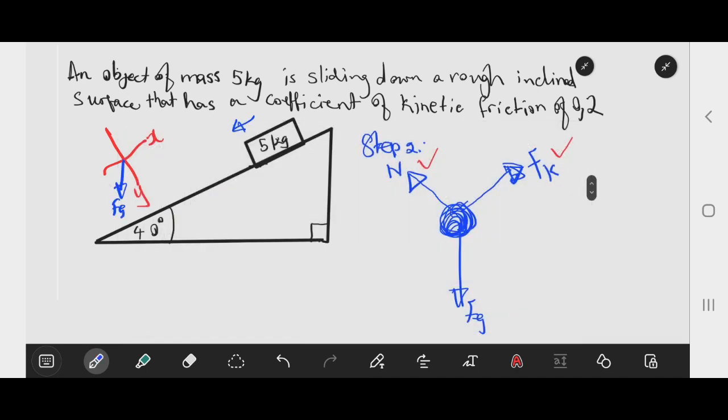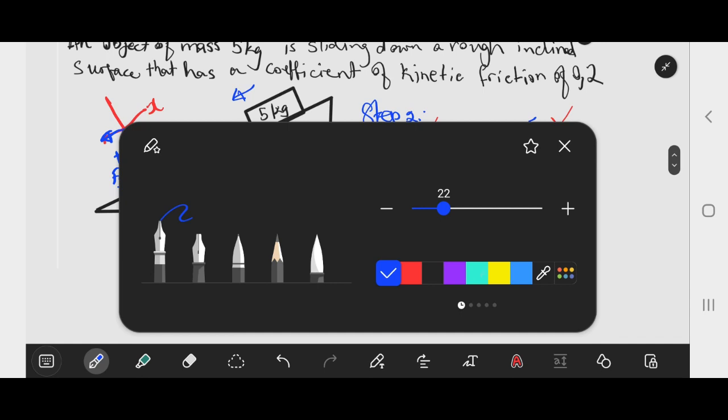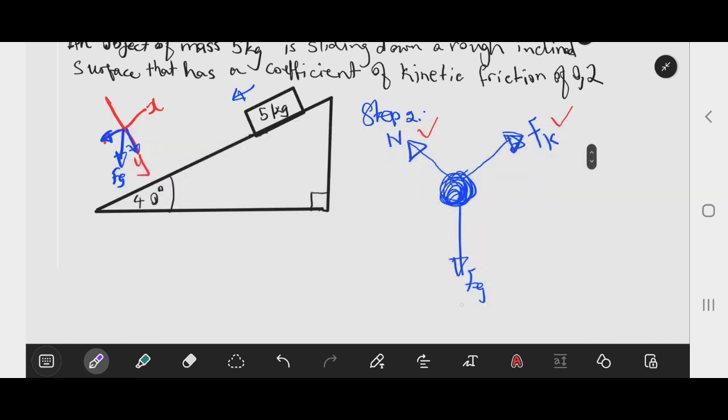So now we have to resolve Fg into two components. When we resolve this Fg into two components, we'll have Fg perpendicular, and Fg perpendicular is equal to mg cos theta.